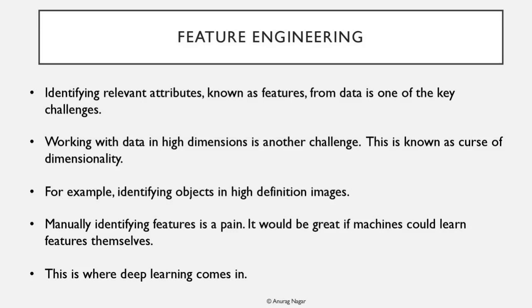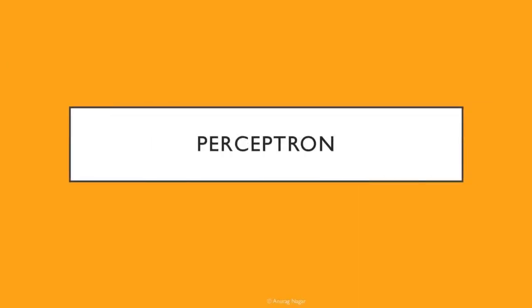Any more questions? I'll be happy to answer before we proceed to the next topic. Okay, let's move forward. I wanted to focus on a branch of learning called deep learning. What is deep learning? It is a form of learning that mimics the human brain.